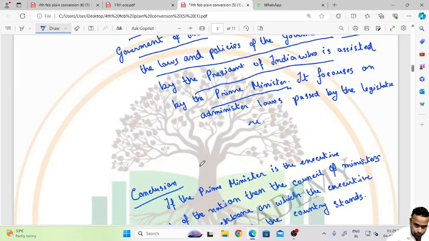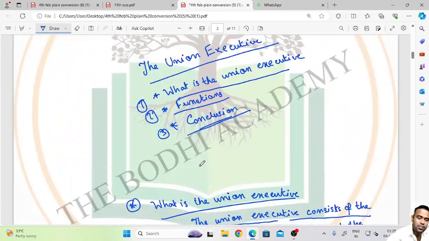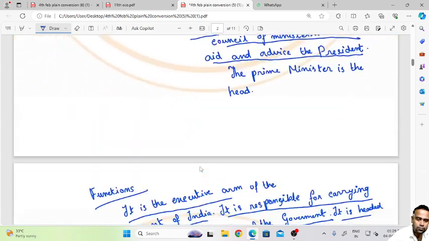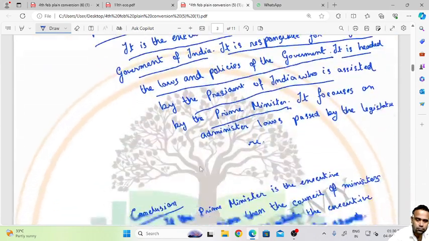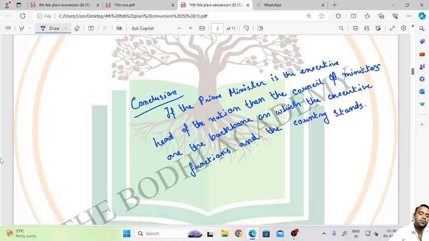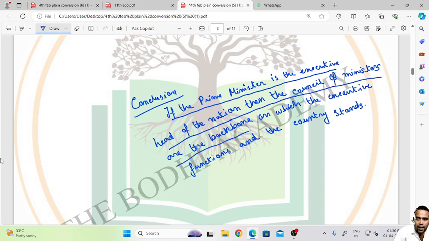Now we will check the final part, that is the conclusion. If the Prime Minister is the executive head of the nation, then the Council of Ministers are the backbone on which the executive functions and the country stands.